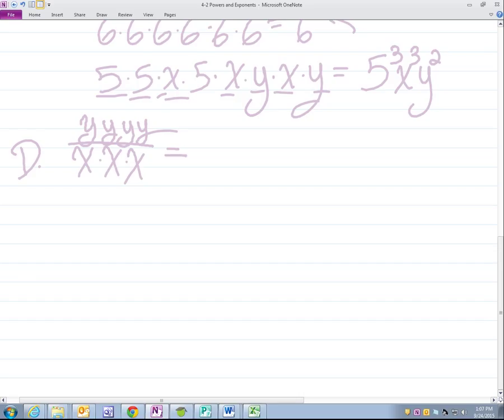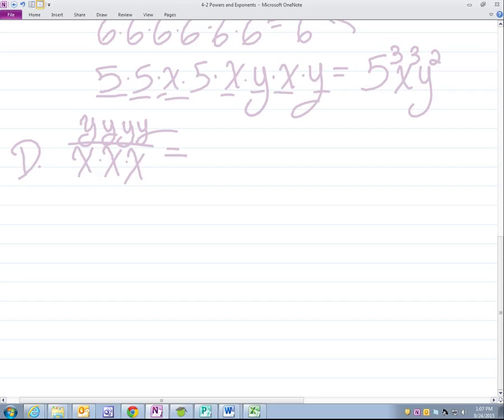What do you think? Stephen wasn't wrong when he said y to the fourth over x cubed. There's something that has to do with flipping. You're on the right track. Something gets flipped.